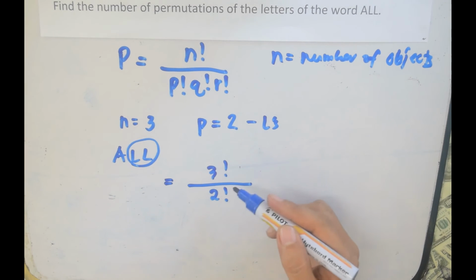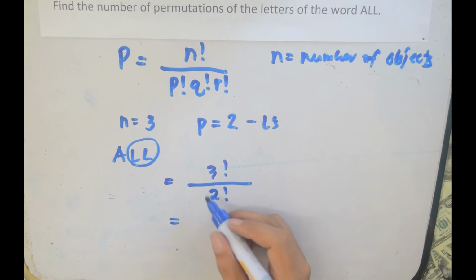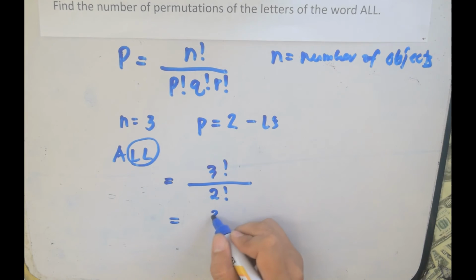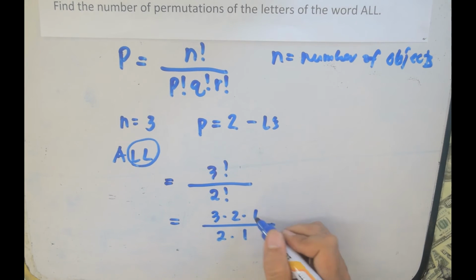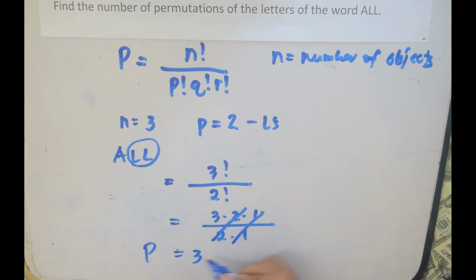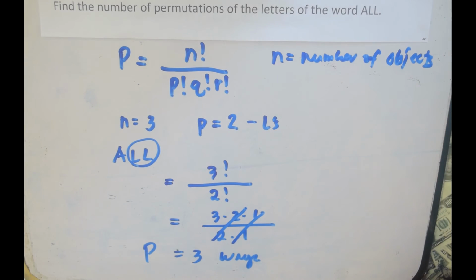N is 3, p is 2. That is 3 times 2 times 1 over 2 times 1. You can cancel this out, so we have 3. So there are 3 ways that you can arrange the letters of the word ALL.